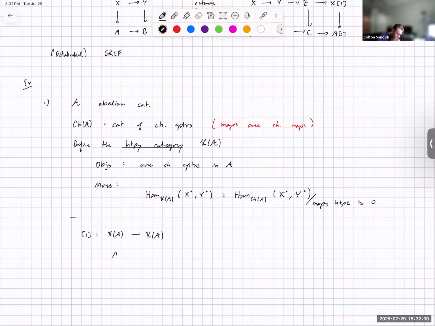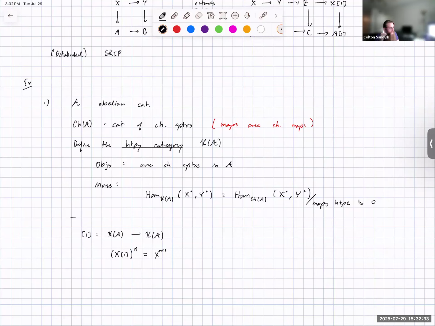What it does on objects: when we shift, we have a new chain complex, and I need to explain what its nth term is. It's going to be the n plus first term, sorry, I keep switching between my notes. So it should be the n plus 1th term of x.